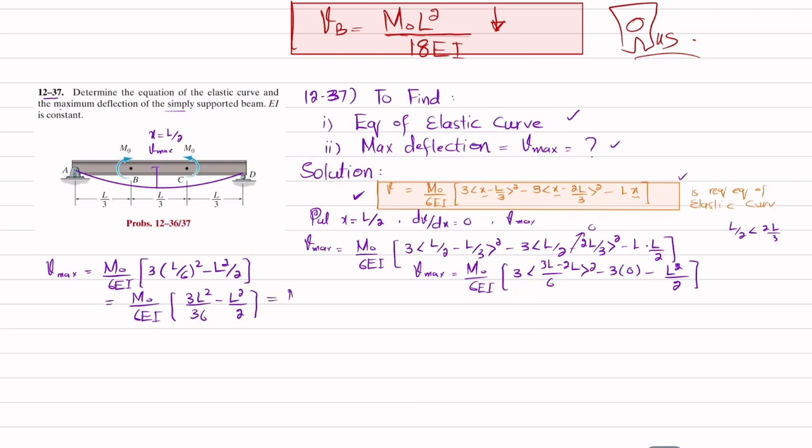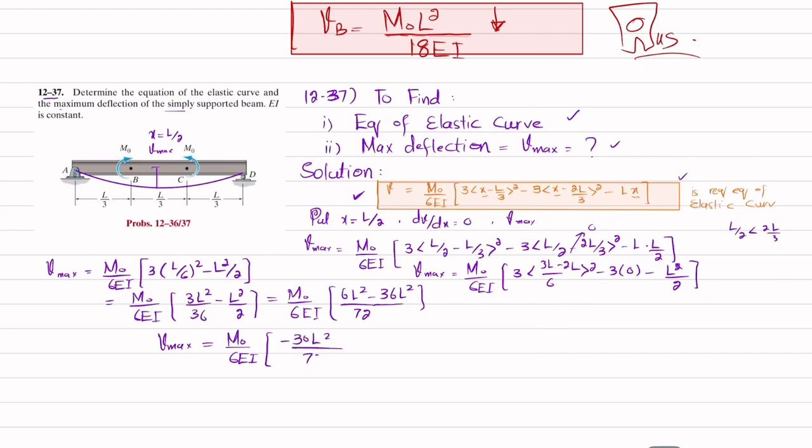So that will be equal to m naught over 6 EI, and if you take the LCM, that will be 72. So 72 divided by 36 is 2, and 2 into 3 is 6. So 6L square minus 72 divided by 2 is 36, so 36L square. So you will get Vmax equal to m naught over 6 EI into minus 30L square over 72.